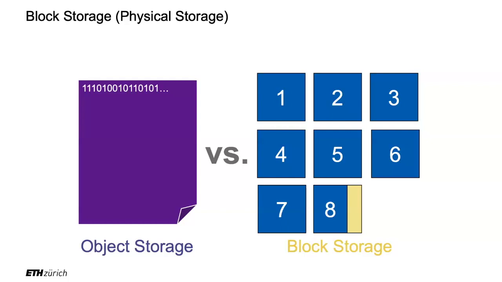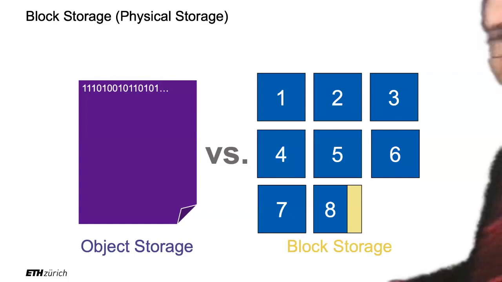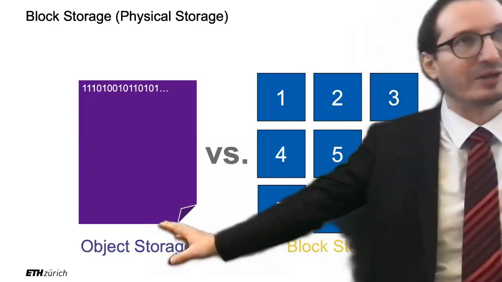So in that case, we have 8 blocks, 1, 2, 3, 4, 5, 6, 7, 8. And they are exposed to the user through the API of the file system. So you can actually see the blocks. There is block 1, there is block 2, and so on. They are exposed to you, right? So this is called block storage, as opposed to object storage.